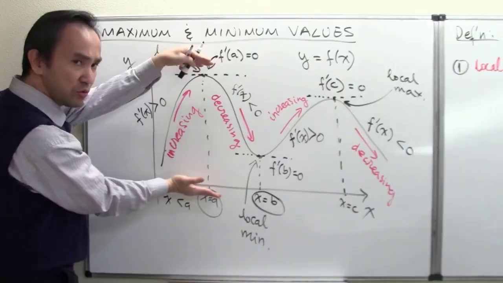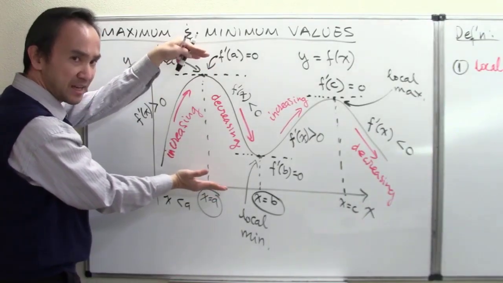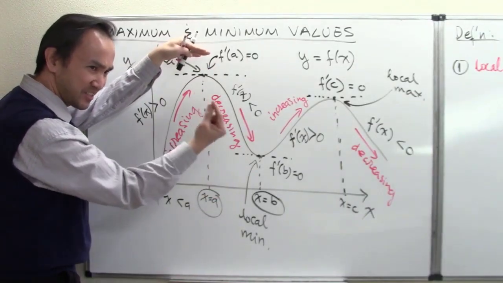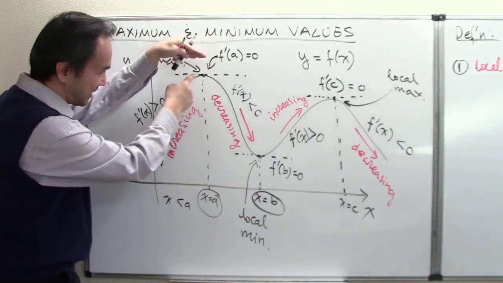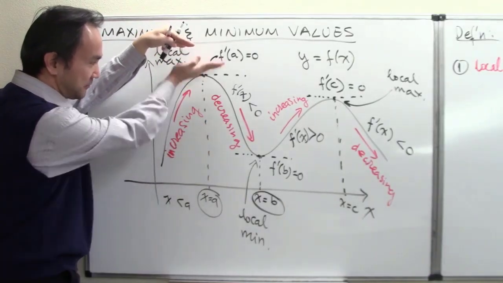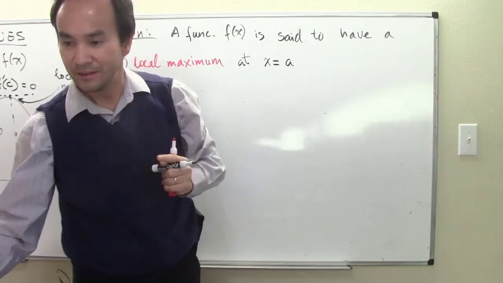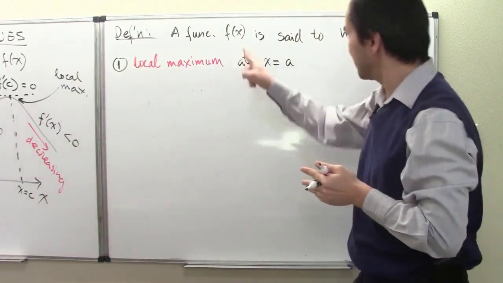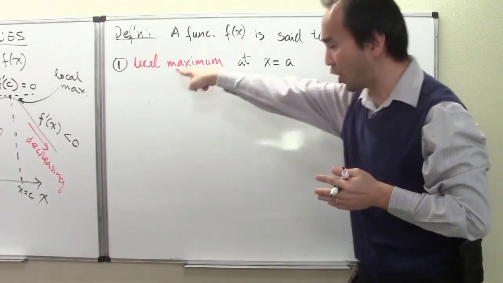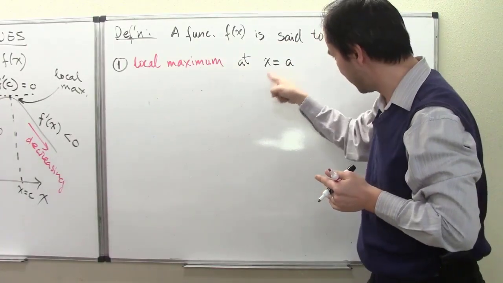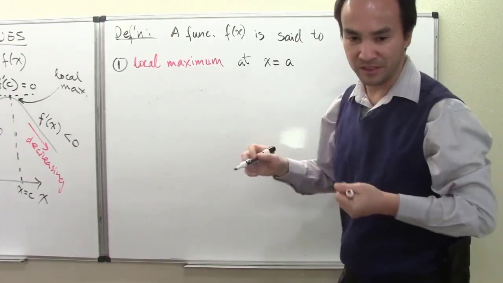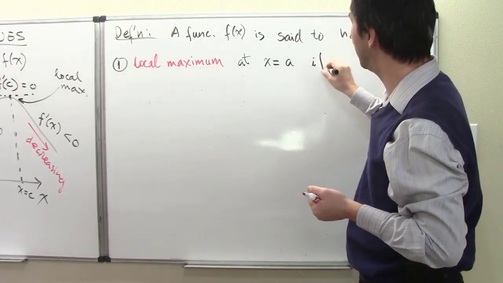So the vertical value hits its max, the highest it can go, at x equals a. That's why the function is said to have a local maximum at the given value x equals a. That happens if it satisfies the following.